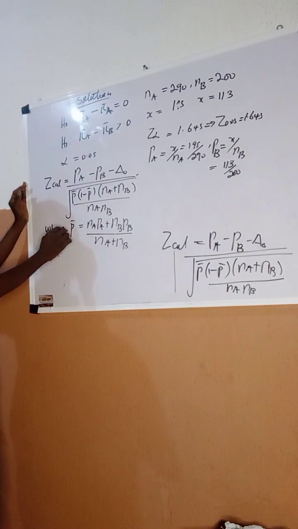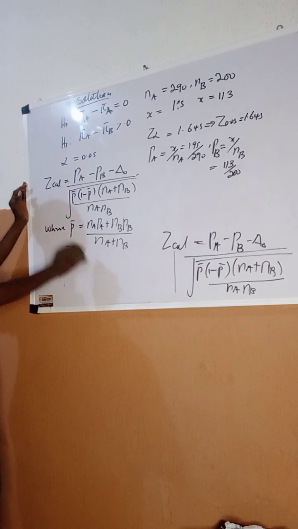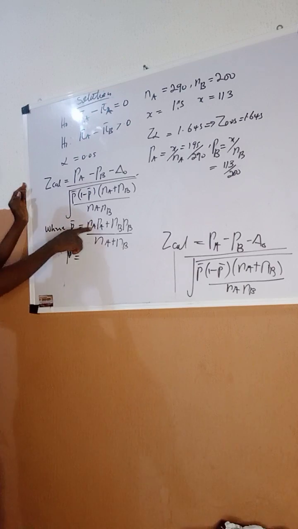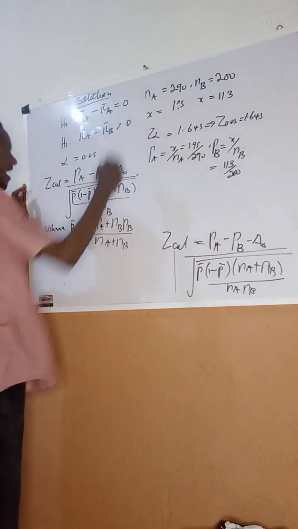So, of course, for us now to get this value of P bar, we now say, therefore, my P bar equals, then in place of N of A, I'll write 290.